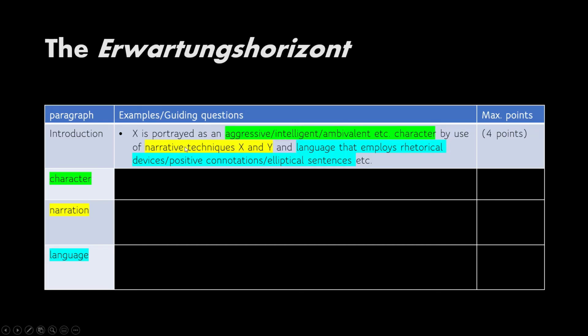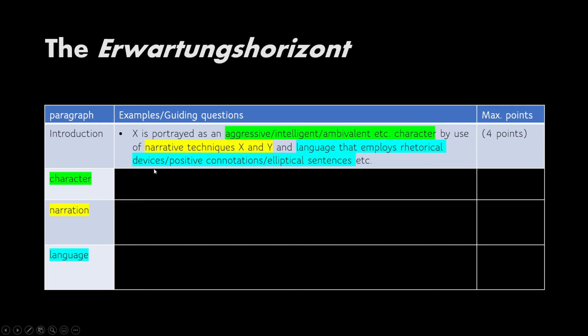Say the narrative technique is a third-person limited narrator. You go into detail on that there, but here you just mention it quickly. And let's say the language uses a number of rhetorical devices. You say that here, and you explain and list them there, right? So this is the function of this introductory paragraph.